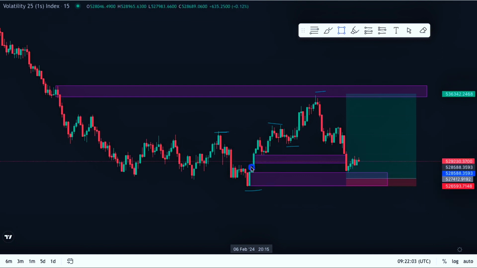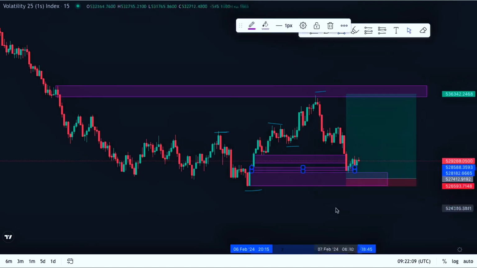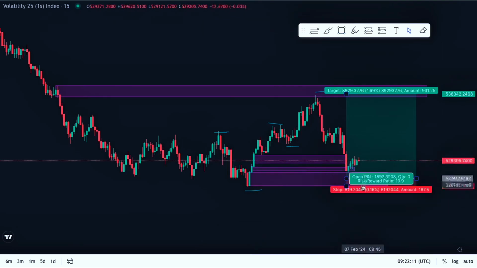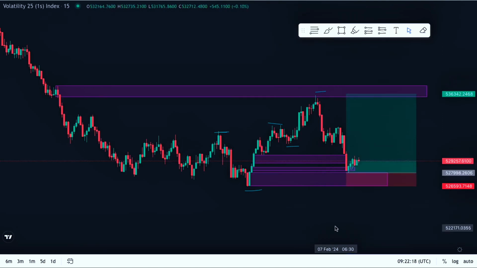Also, we had this gap right here which had to be filled, and when price completed filling that gap, tapped the order block, now it's buying, it's in a buy position. Okay, so this is how I take my trades.